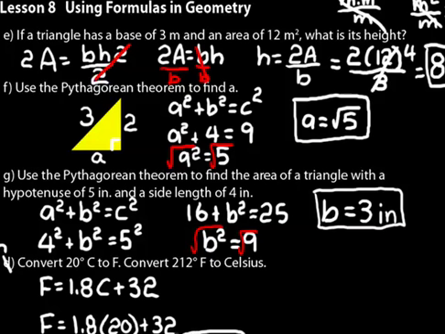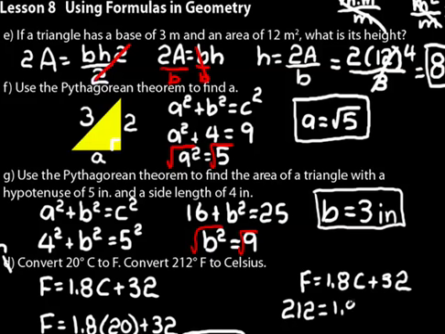Now let's convert 212 Fahrenheit to Celsius. I'm going to use the same formula. F equals 1.8 C plus 32. And so we would say, substituting in there, 212 is equal to 1.8 C plus 32. Now you need to subtract 32 from both sides.